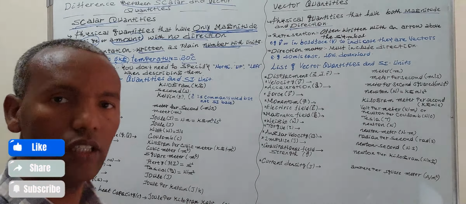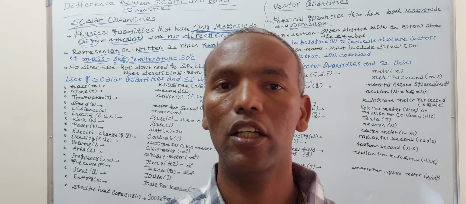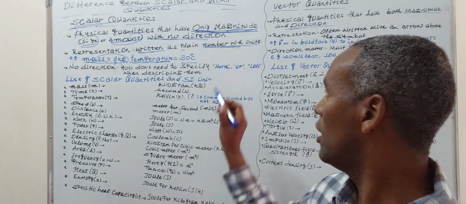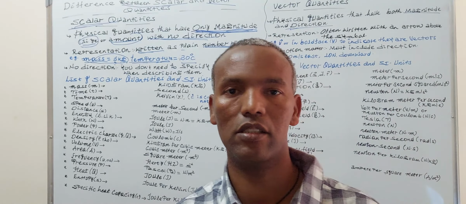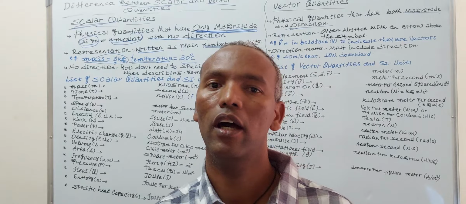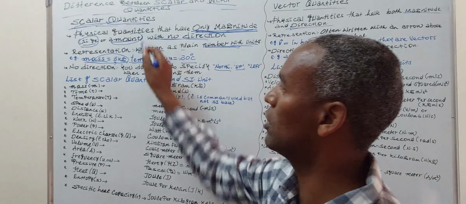You don't need to specify any direction, like north, up, left, down, east or west, to express a scalar physical quantity.